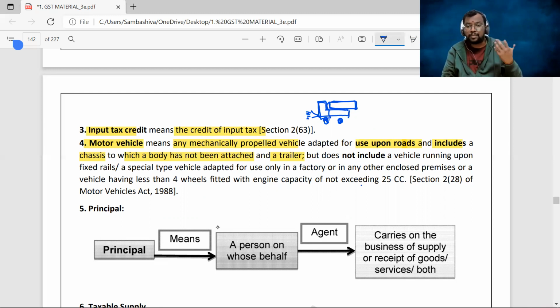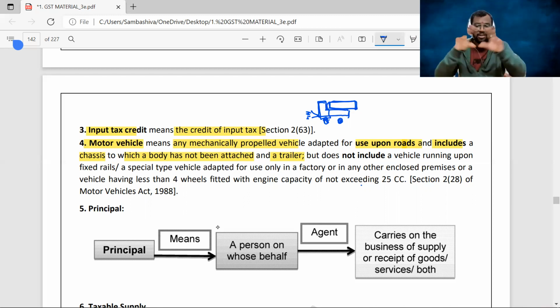And some customers require it completely empty, idle. So that is why large truck manufacturers, for example Ashok Leyland, will first manufacture only the chassis, and the body will be manufactured according to the customer's needs.